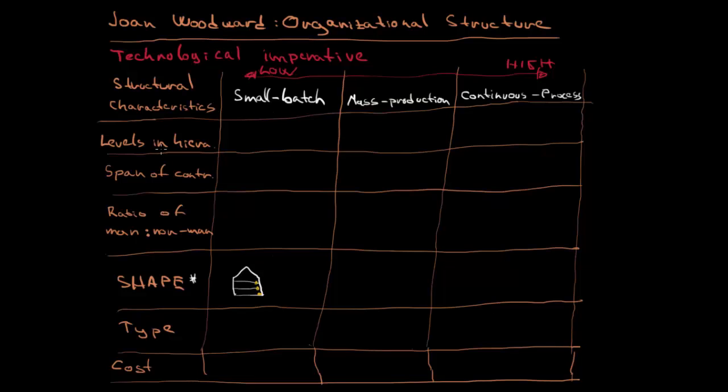And we can continue with the levels in the hierarchy. I have drawn just a few levels. There is no necessity to be some tall hierarchy, so there will be just three levels in a hierarchy. Then the span of control, and I would add that this is the first line manager.